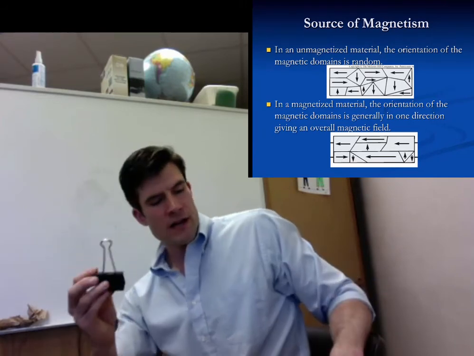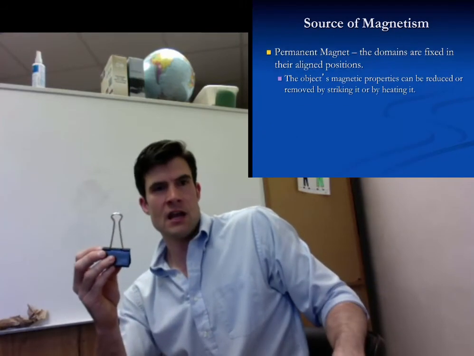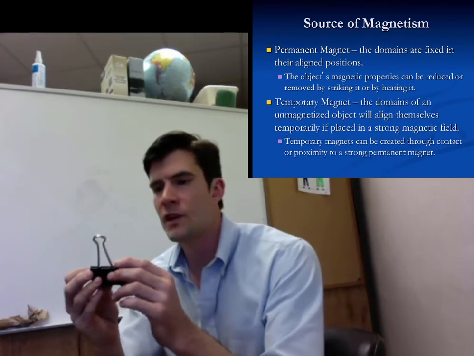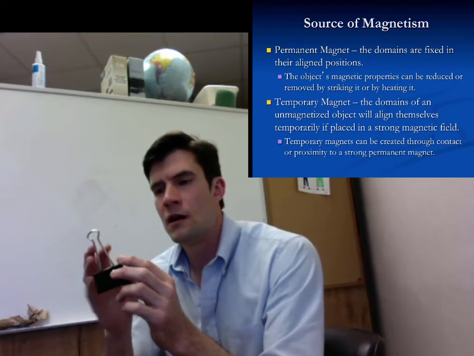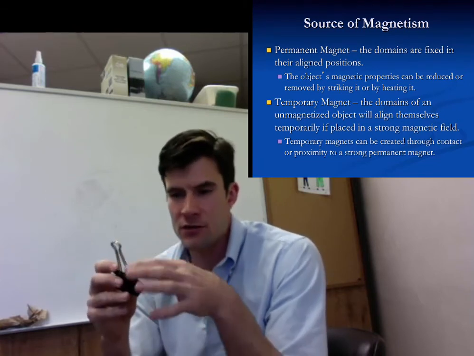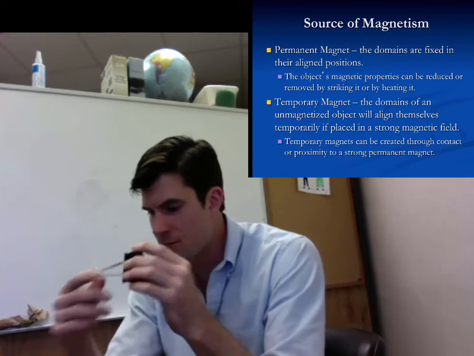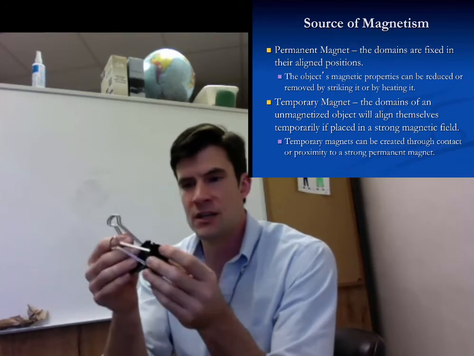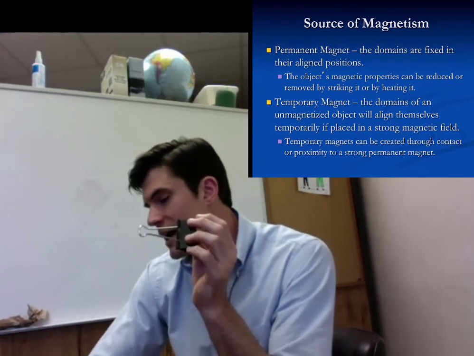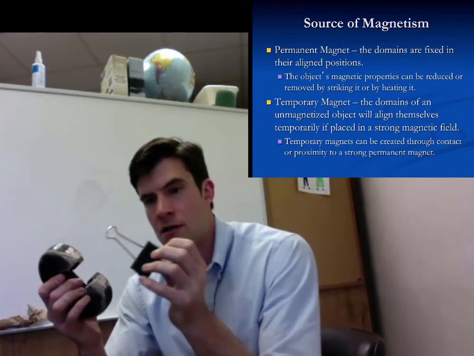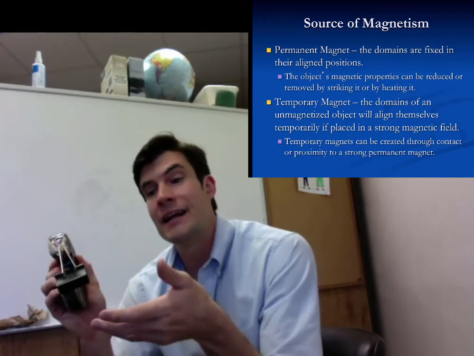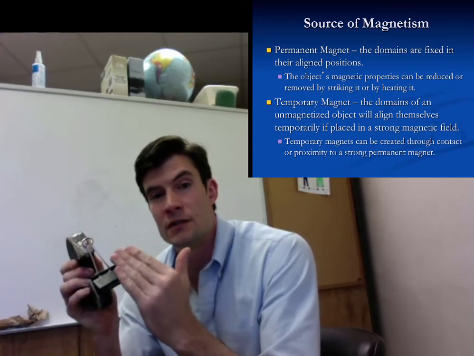The magnetic domains in a paper clip like this, in a temporary magnet, are generally unorganized. Right now the magnetic domains are in random directions, so by itself it is not demonstrating any magnetic properties whatsoever. But if it comes in contact with a permanent magnet, these magnetic domains are flexible and can temporarily align themselves.